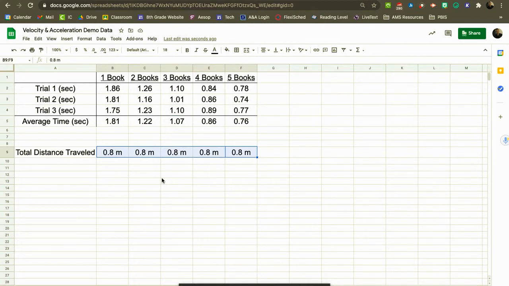That means that your distance is going to be on the y-axis, and your time is going to be on the x, or the horizontal axis. And so you'll have to make a key for each of these times.